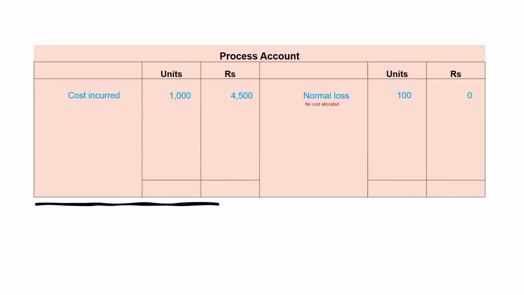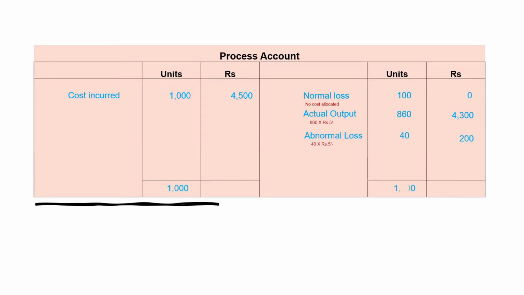Then we'll take the actual output of 860 units. That cost will be 860 times 5, which will be 4300. Then we have the abnormal loss of 40, and we allocated the cost at the rate of 5 rupees per unit, so that will be 200.